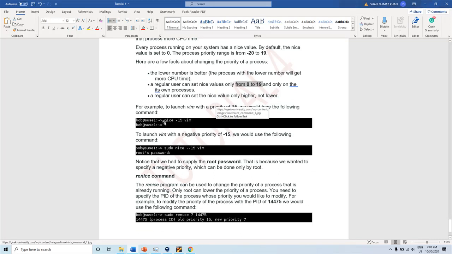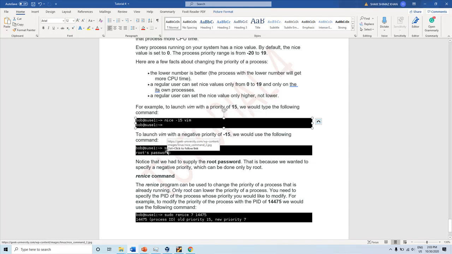For example, now the user wants to start a process. Vim is an editor like Nano or gedit. The user wants to start this process with a priority value of 15. So nice -15 Vim. To launch Vim with a priority 15, this is the command.